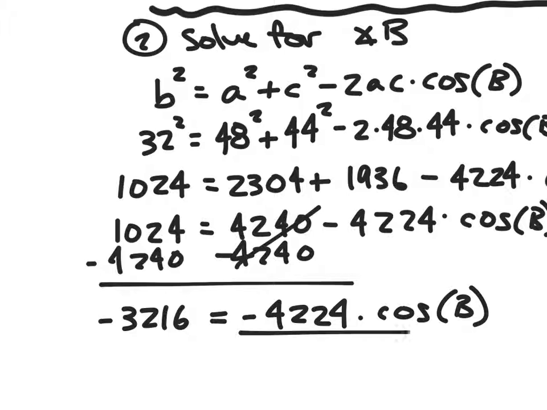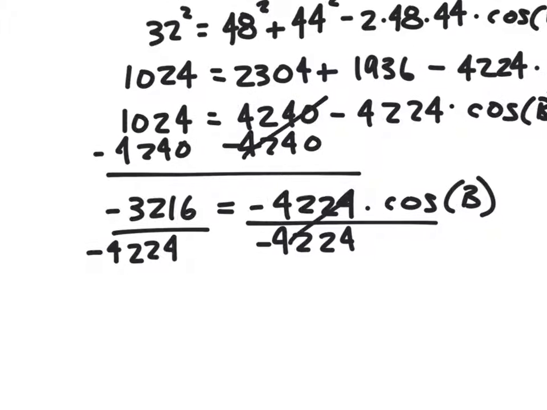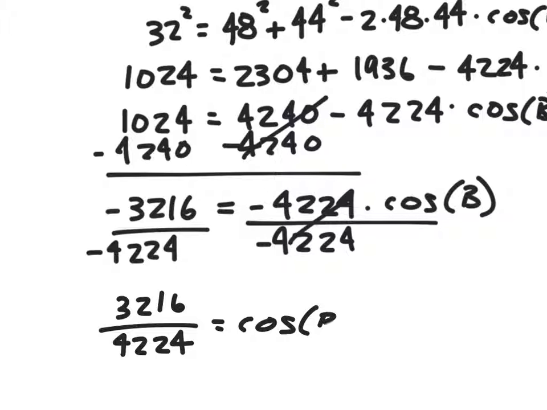At this point, let's divide both sides by negative 4,224. And we could simplify that fraction, but let's just write it as positive 3,216 over 4,224. There's no real reason to simplify it if we're just plugging it into the calculator.